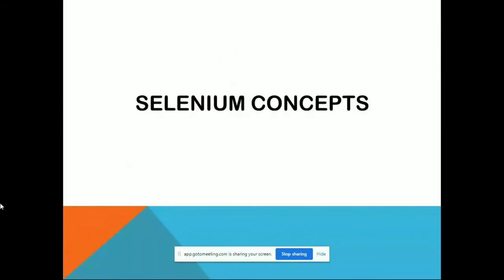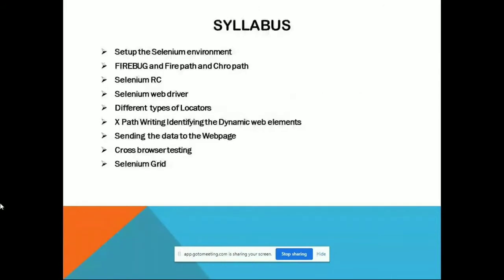So Selenium core concepts are: setting up the Selenium environment, Firebug, what is Firepath, GroPath, how we identify the elements, and Selenium RC, what is Selenium RC, remote control, Selenium WebDriver, different types of locators, and how we need to do cross-browser testing, like executing our single script on different browsers like Firefox, Internet Explorer, Chrome.